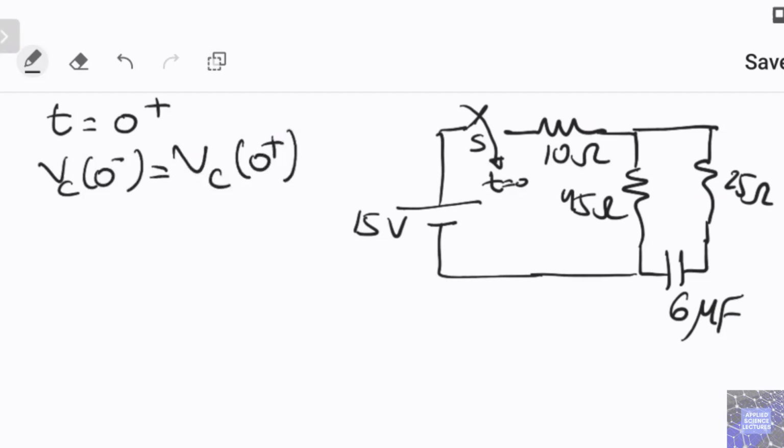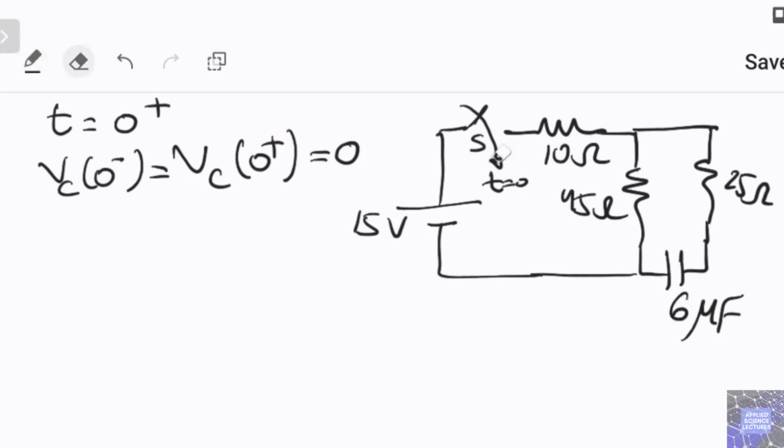So if the capacitor was fully discharged before the switching, this means the voltage across the capacitor before the switching was 0, and it will continue to be 0 right at the moment after the switch is closed. In this case, if there were no charges stored in the capacitor, as long as it has 0 voltage, I can treat the capacitor as a piece of wire. So I can remove now this capacitor.